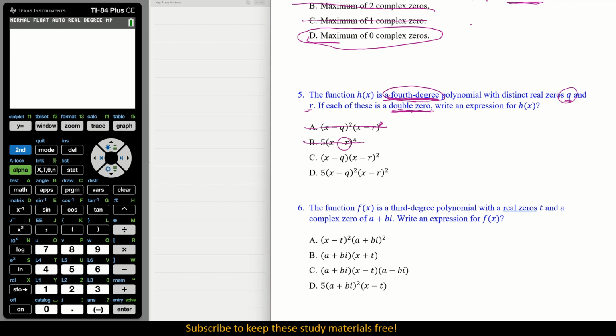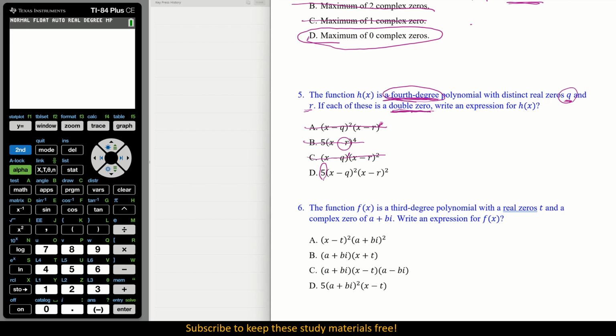Well, we have kind of the same situation as A. That's to the first power because there's only one of them. So we have 1 plus 2 is 3. That is not valid. Now let's look at D. Regardless of the fact that we have this 5 out here, you can have whatever number factored out in the front.